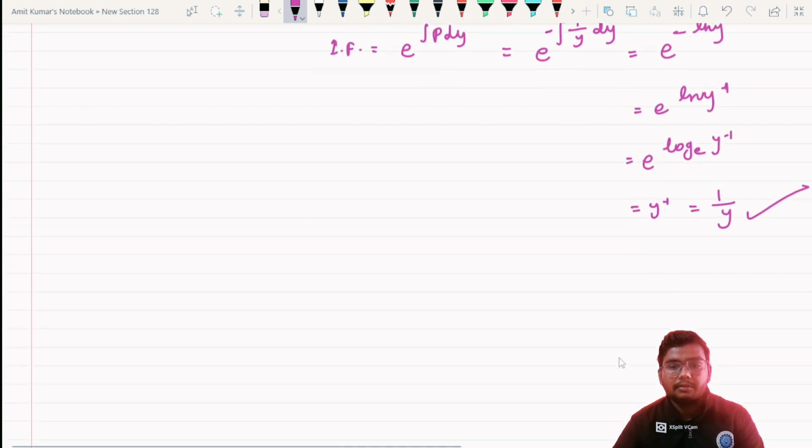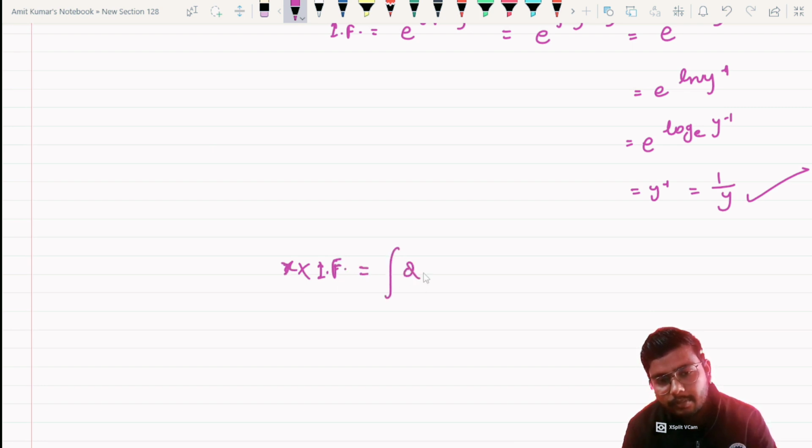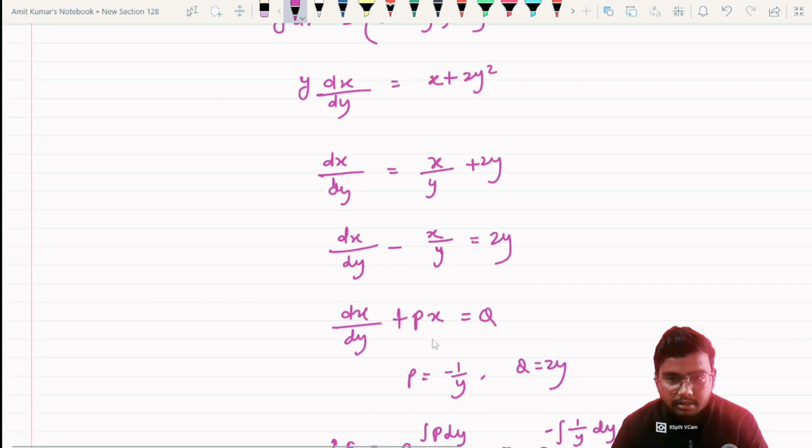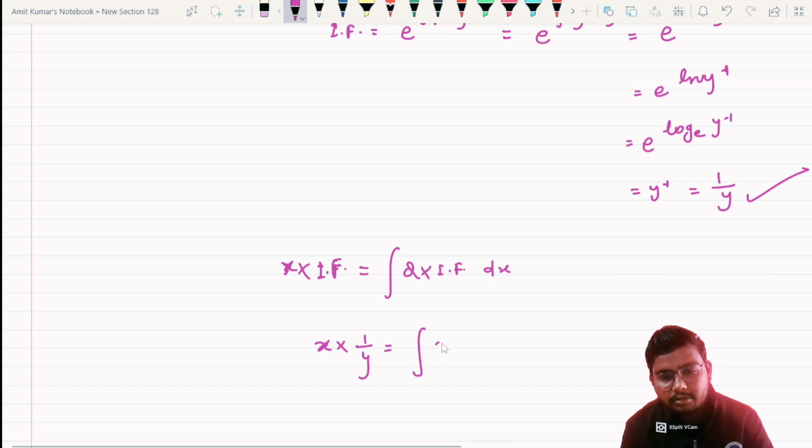Once we have calculated the integrating factor, we write x into integrating factor equal to integral of Q into integrating factor into dx. Now we just put in the values. x into integrating factor is x by y, and Q is 2y, so we put 2y into 1 by y, then dx.